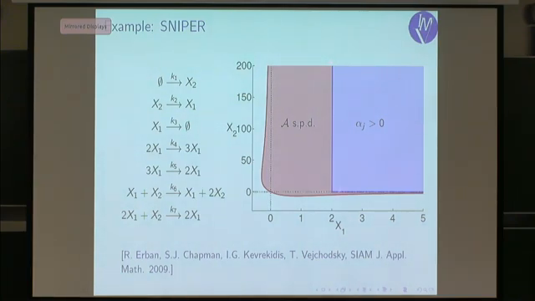And this blue domain corresponds to those points X where this lemma applies, where the propensity functions are positive. Okay, so in this region we have a very simple condition. We can easily find this domain, and we know that in this domain our operator is elliptic and everything is fine.